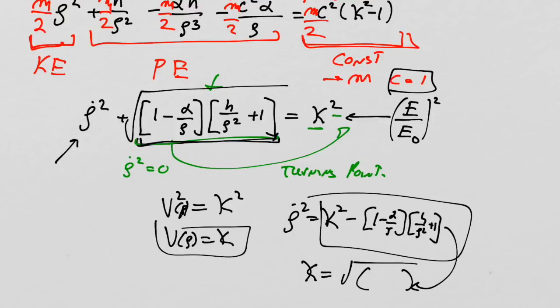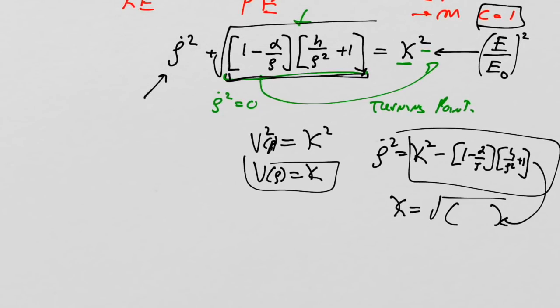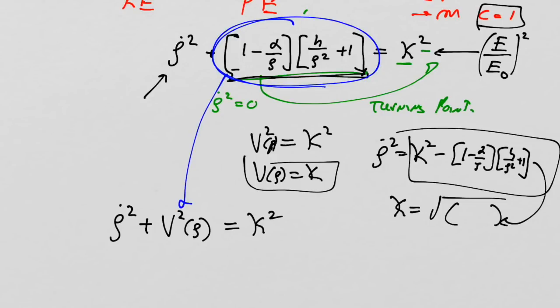In effect, that means we are going to study the expression rho dot squared plus v squared of rho equals kappa squared. And v, remember, I put that square root in there for demonstrative purposes. So v is going to equal the square root of this thing right here.